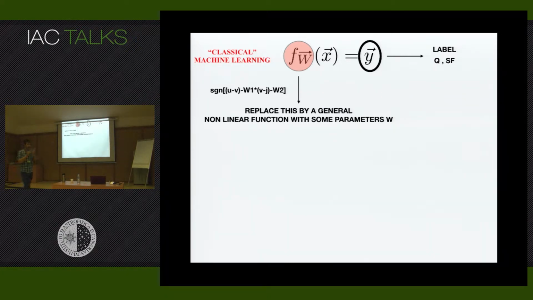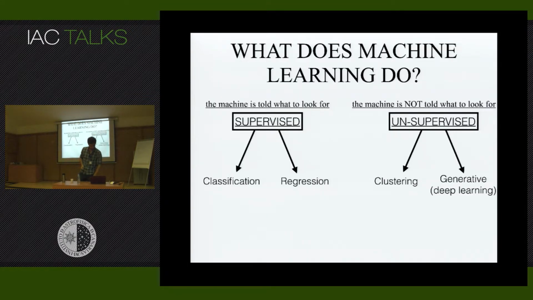Instead of restricting my problem to a linear boundary, I will put here a general function, parameterized by some parameters, in that particular case some parameters W. And I will try to find the best weights that get me the answer to that particular problem in an optimal sense, given a metric.